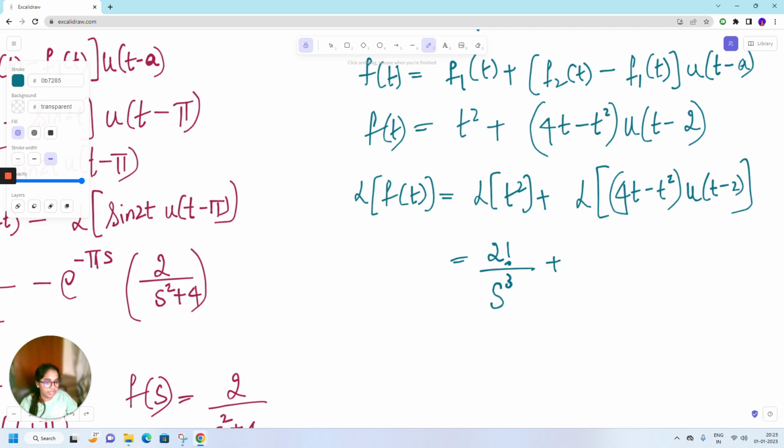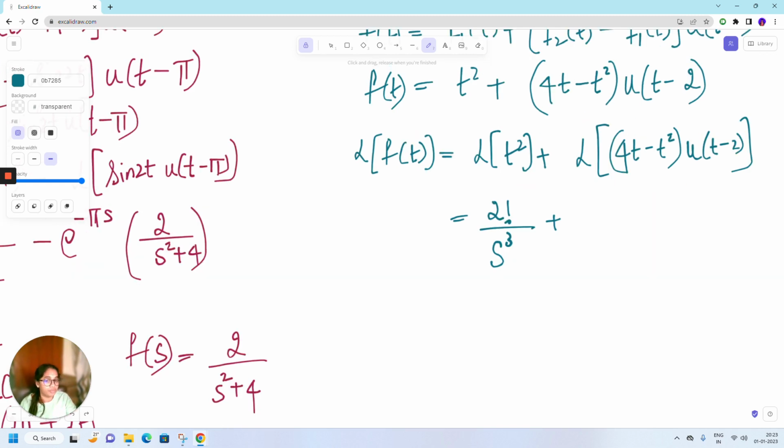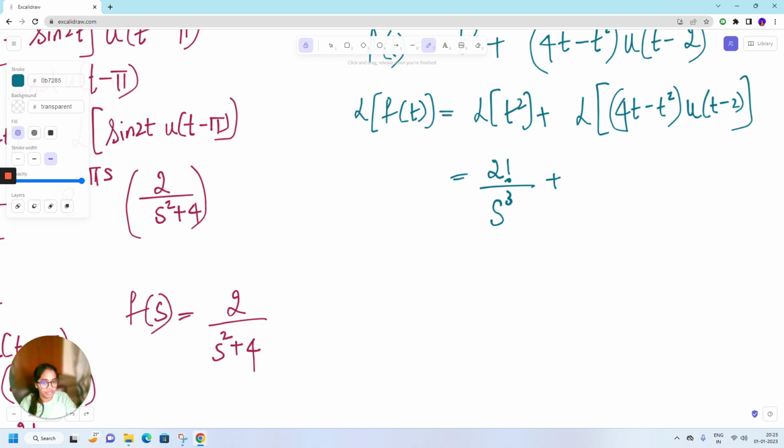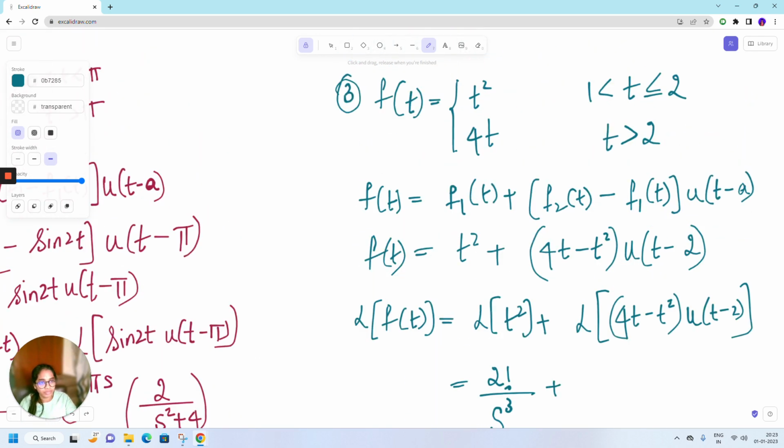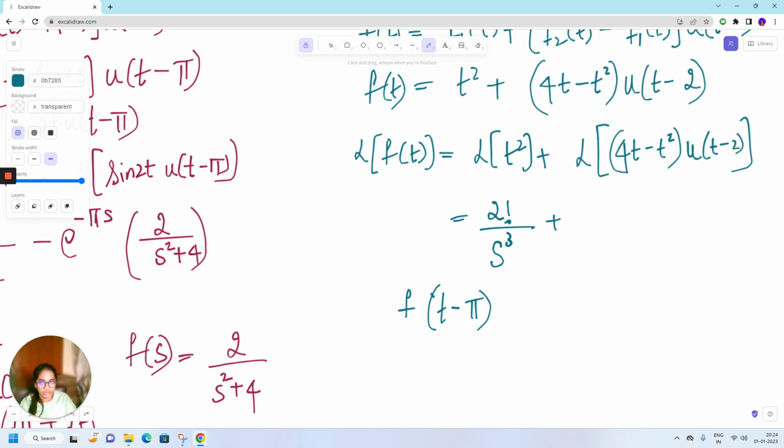So what would that be? Which formula or which property would you apply? Second property, right? First, identify what is in the place of f of t minus a. In place of a I have pi, right, in this question? No, that is 2, correct?